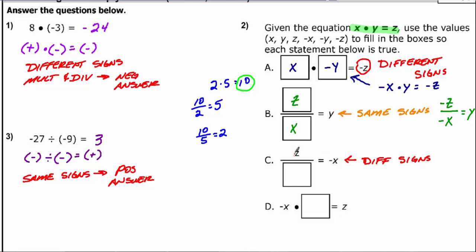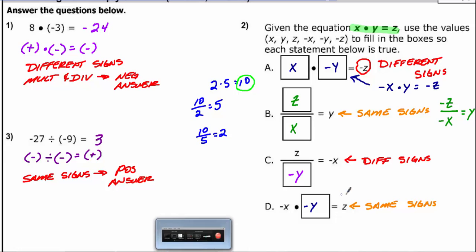We already have a z that's positive, so our missing part has to be opposite of y. On D, it's a positive answer, so it needs same signs. And since we already have a negative, the missing part has to be positive. Oh, excuse me. Since we already have a negative, the missing part has to be negative. I misspoke. Has to be same signs. So since this is already negative, that also has to be negative.